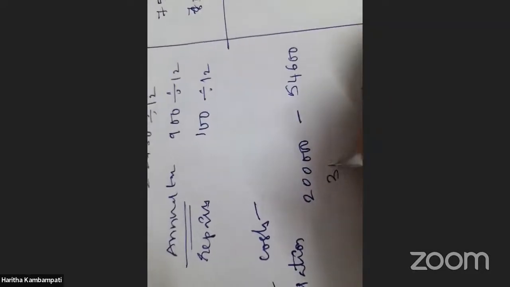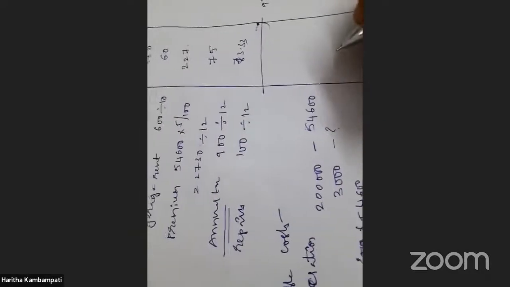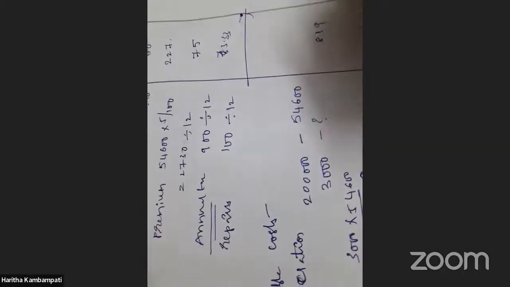So if they run 2 lakh kilometers, that is going to exhaust the total value of 54,600. But here they ran only 3,000 kilometers. So for 3,000 kilometers, what is the depreciation? If we cross multiply this one, you will get 819.